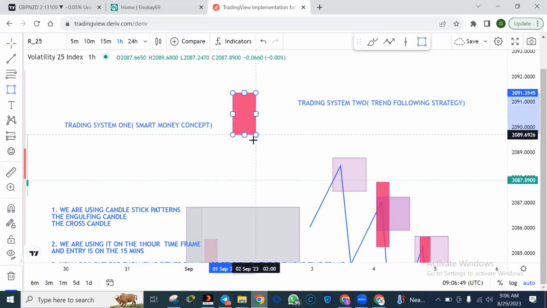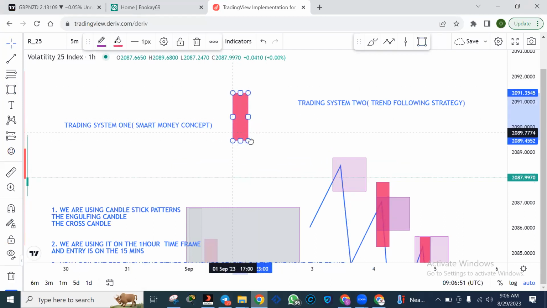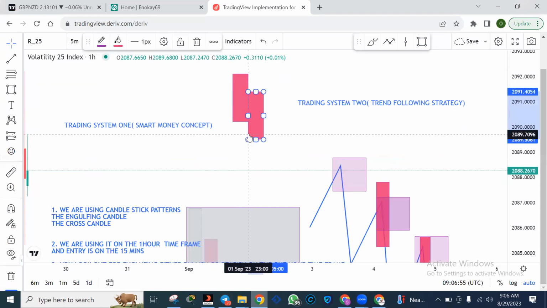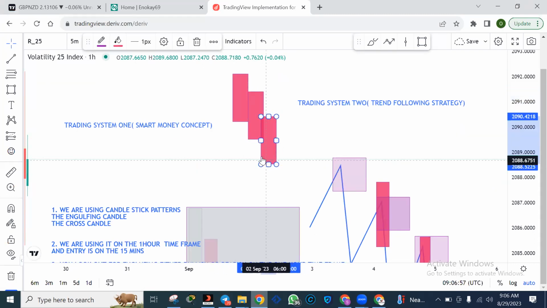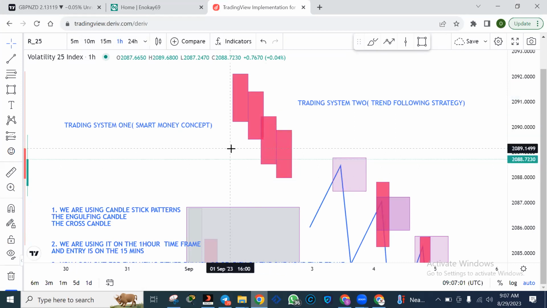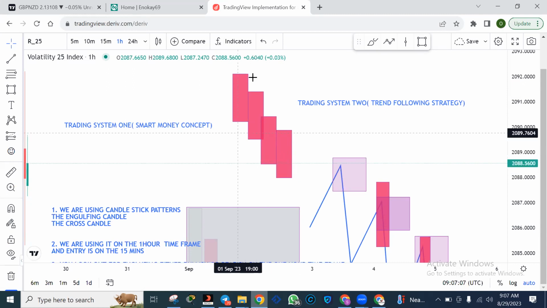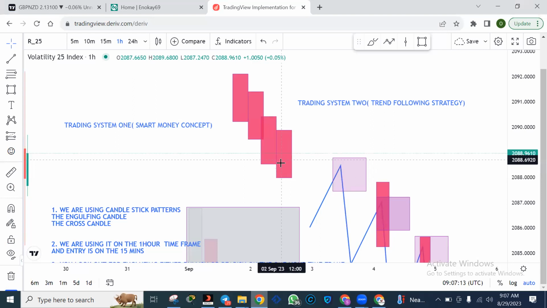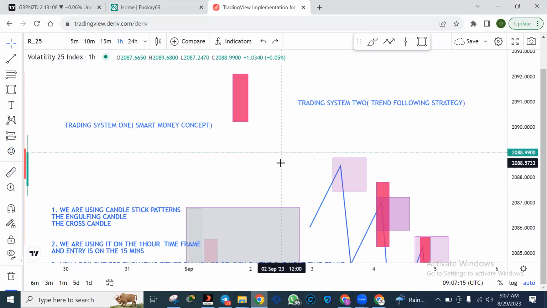Whenever you see succession of same colored candles, it is trying to say either the bears or the bulls are in control. And these are like blueprints you can use. And so an engulfing candle pattern is a representation of such kind of momentum, all right? And so this is important.